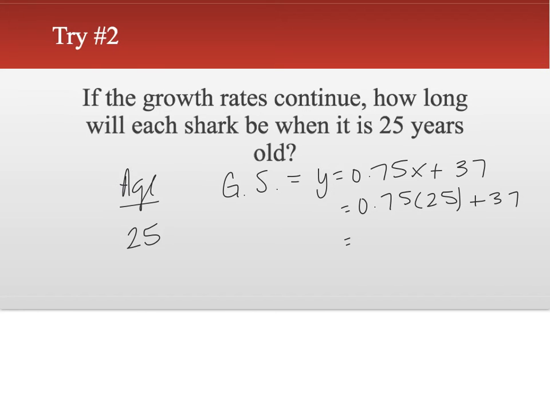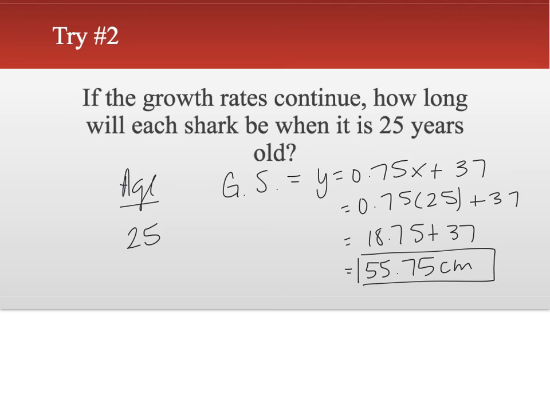So let me get out my calculator. 0.75 times 25 is 18.75 plus 37 will equal 55.75 centimeters. So at 25 years old, the Greenland shark is 55.75 centimeters.